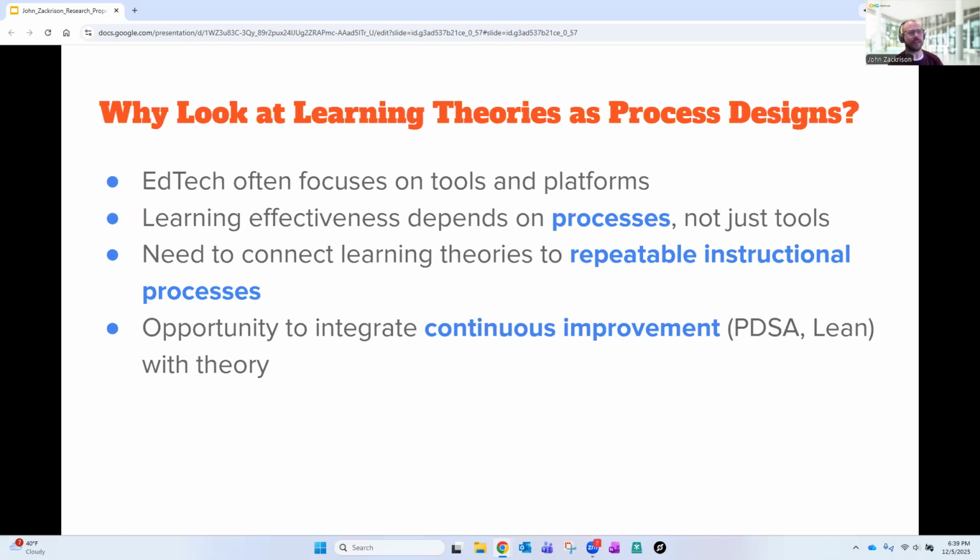But the point is that technology alone doesn't guarantee meaningful learning. And I think what really matters is the process we design around those tools. The sequence of activities, the feedback loops, the roles of learners and instructors, and how those processes are refined over time.